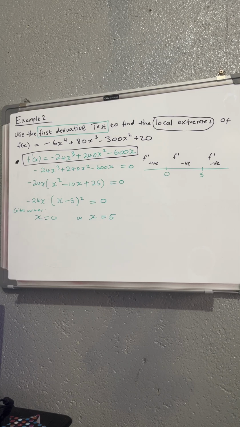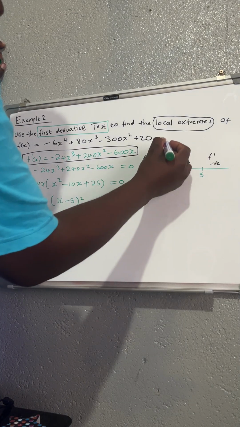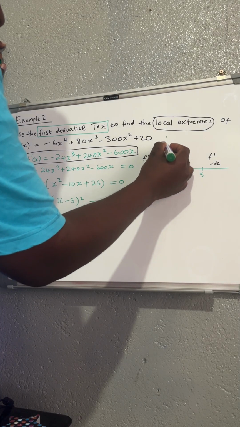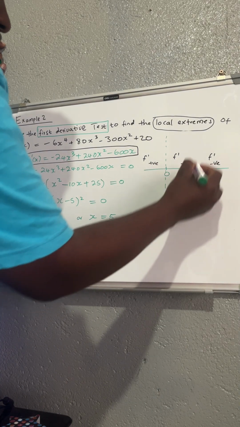Now what are we required to do? We're required to explain the local extremes. How I do this question is, now that you're done with this, I normally just write dotted lines like this.